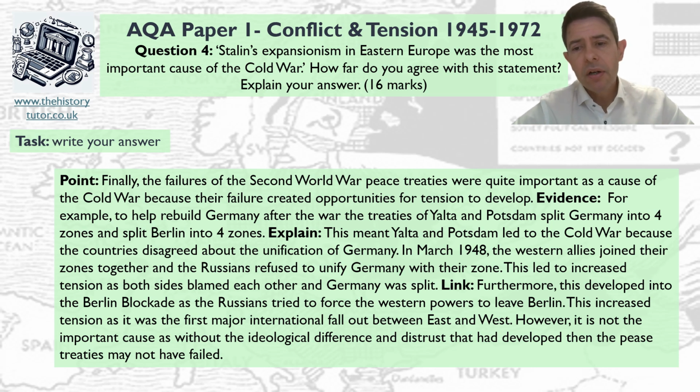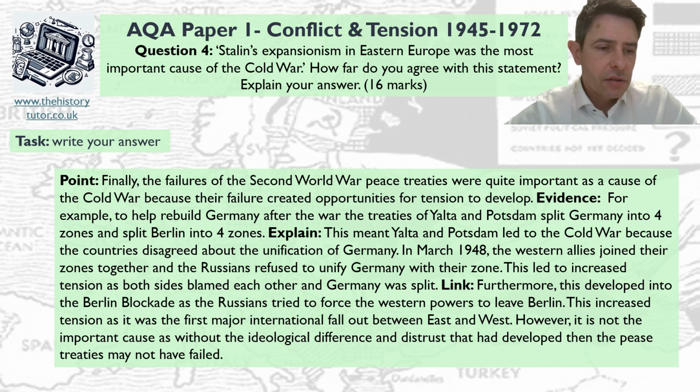So furthermore, this developed into the Berlin blockade as the Russians tried to force the Western powers to leave Berlin. This increased tension as it was the first major international fallout between East and West. However, it is not the most important cause, as without the ideological difference and distrust that developed, then the peace treaties may not have failed. As I just pointed out a moment ago, they had different perspectives on Germany due to that ideological difference you could explain.